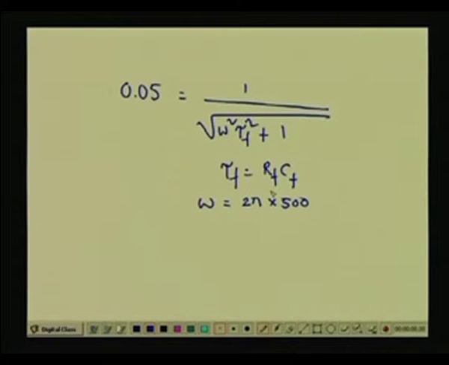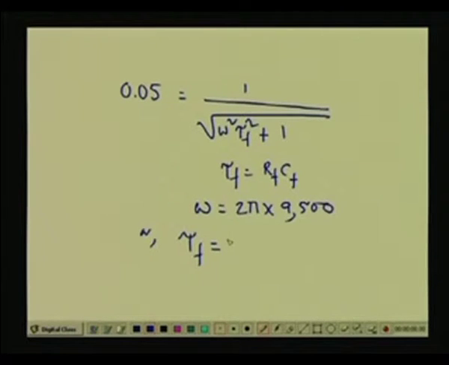So tau f, the time constant of the circuit, will be given by 0.0003348 second.